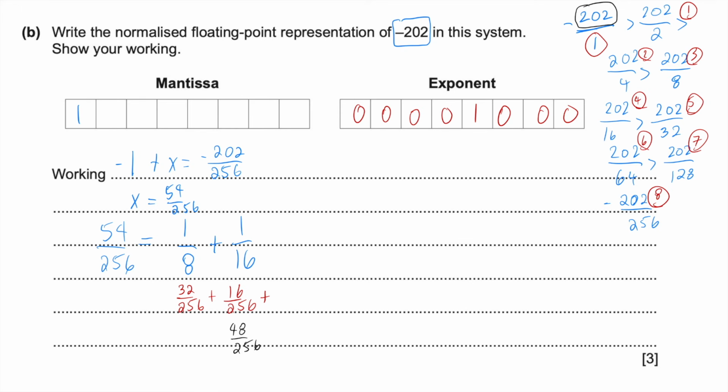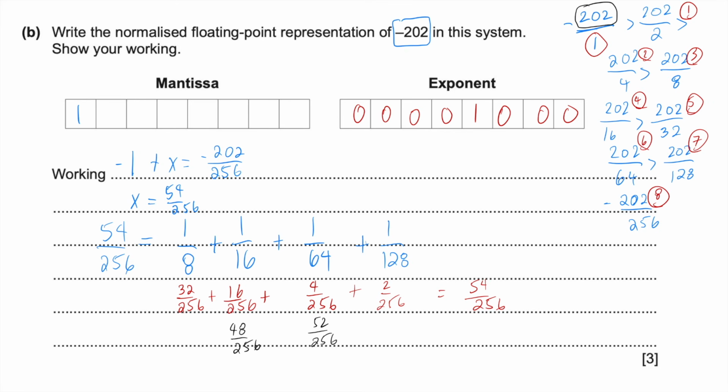So we could probably do 1 over 64, which is going to be 4 over 256, which gets us up to 52 over 256. And then we can go up to 1 over 128, which gives us 2 over 256, which gets us to the finish line, so 54 over 256.